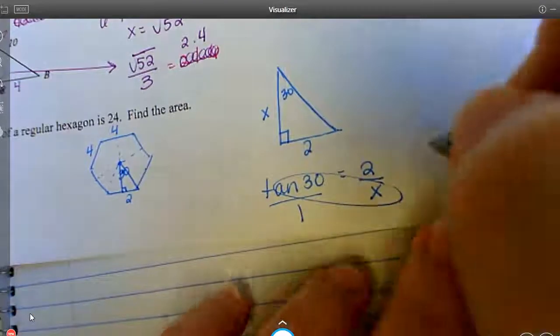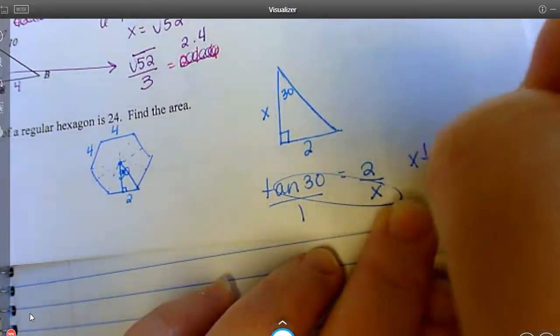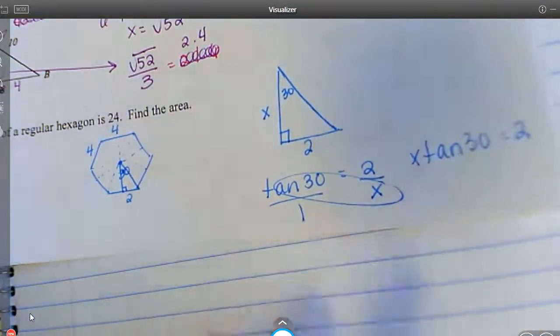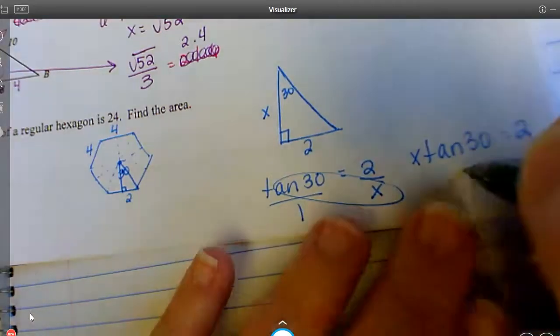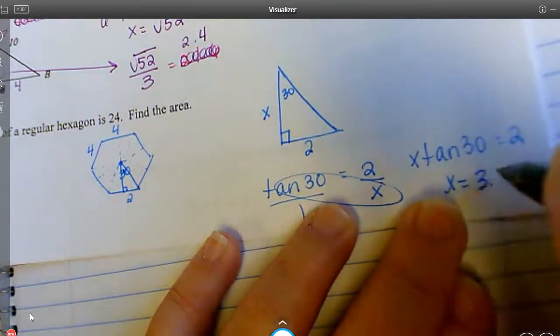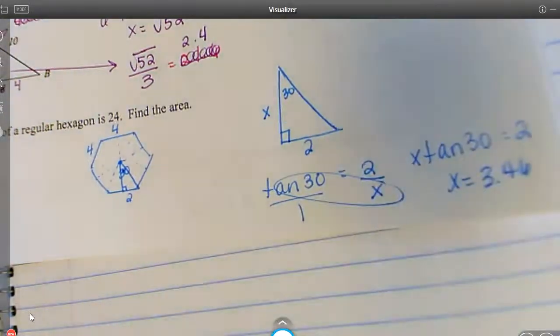Cross multiply, so we have x tangent 30 equals 2. That means that we're going to have to divide by tangent of 30. We need to make sure that we are in degree mode. And I got x equals 3.4.